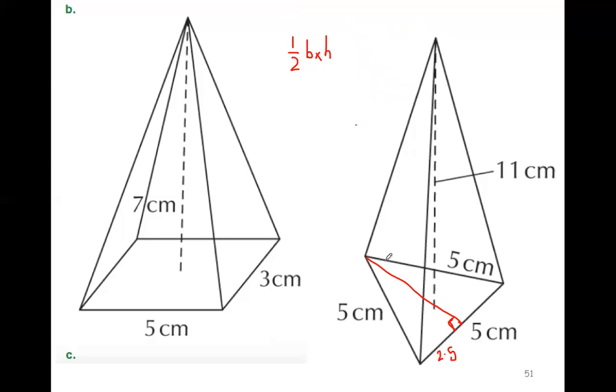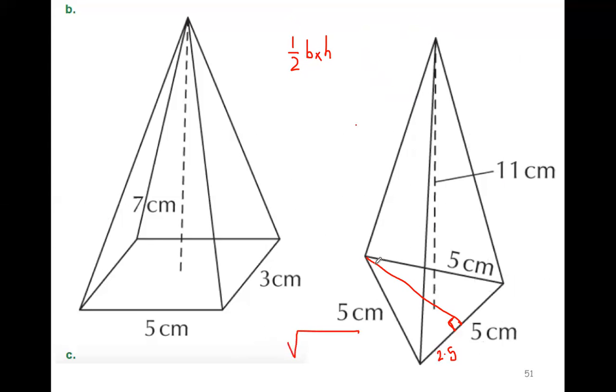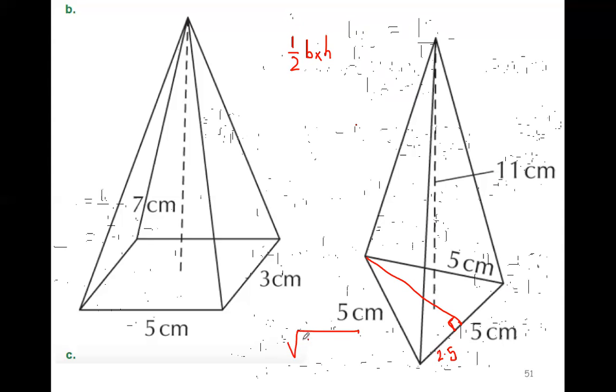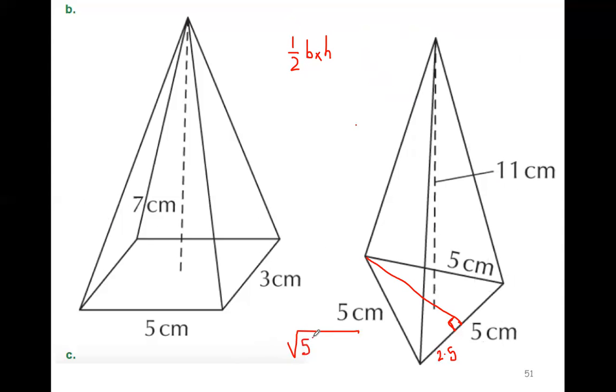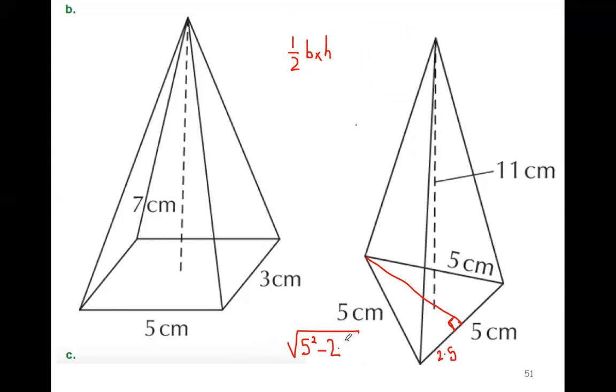So we're looking for that distance, right? To find that distance, you need to take the square root of the hypotenuse squared, which is 5 squared, minus one of the shorter sides squared. That's Pythagoras basically.